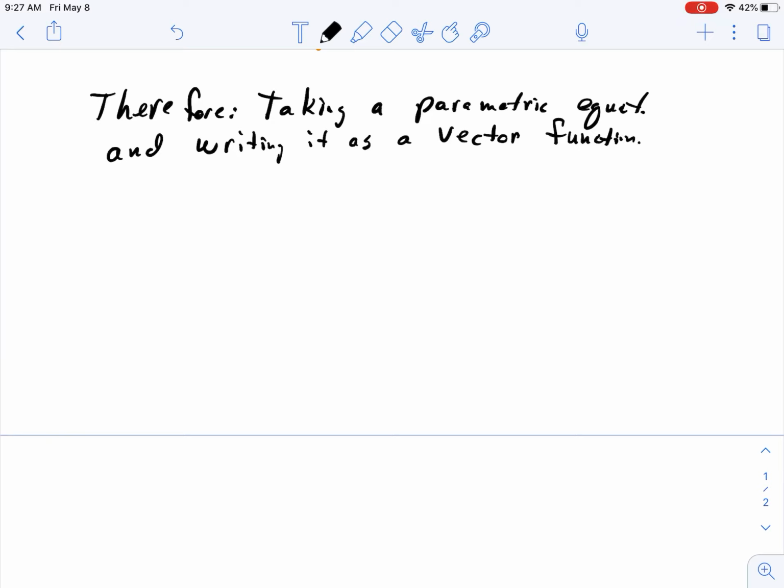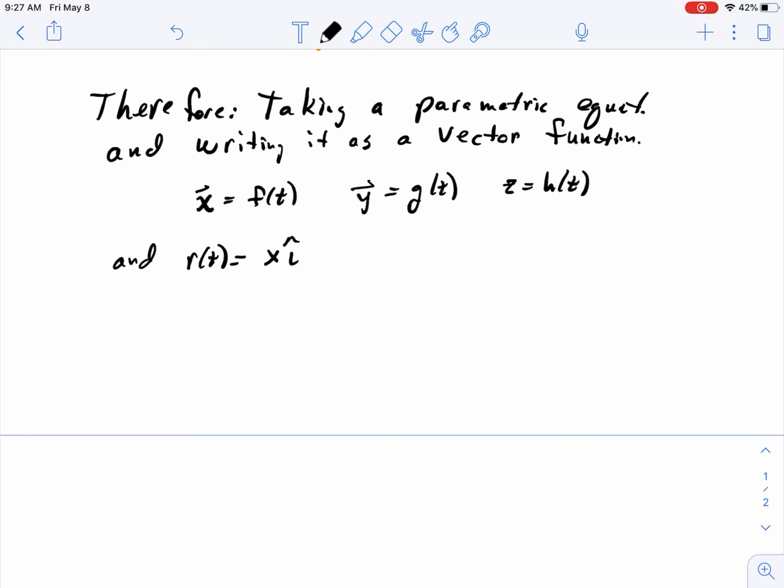Okay. So let's say my x component has a function f of t, my y component is g of t, and my z is h of t, and we have that we've been working with here, say r of t. My equation is x in terms of my i hat, my y is my j hat, and z is my k hat.